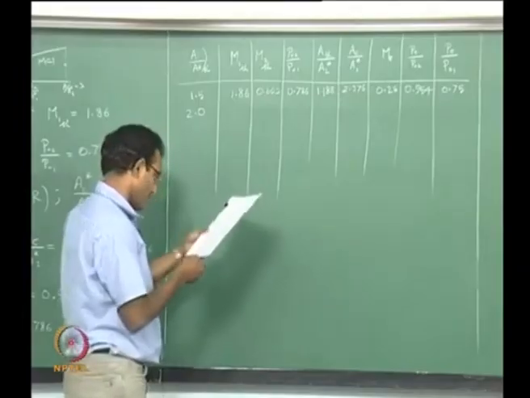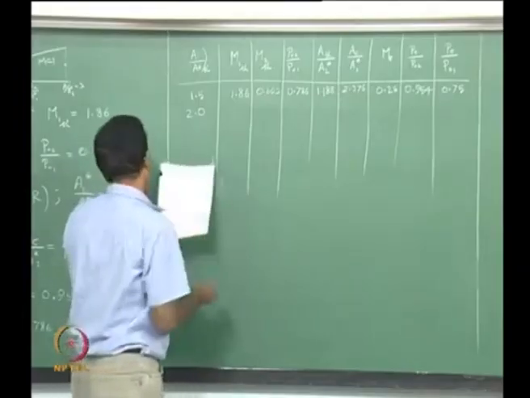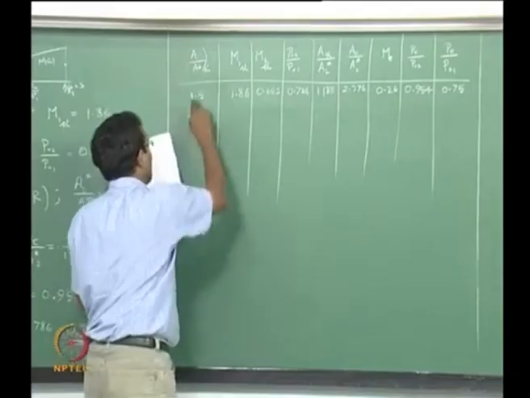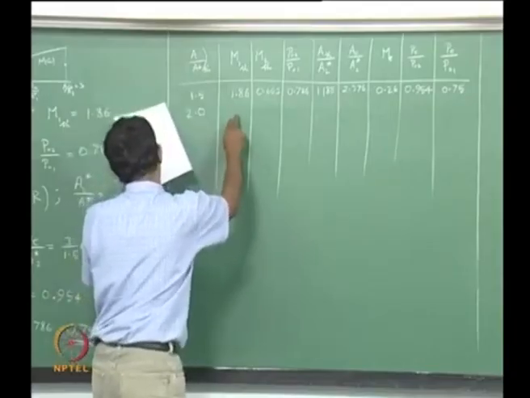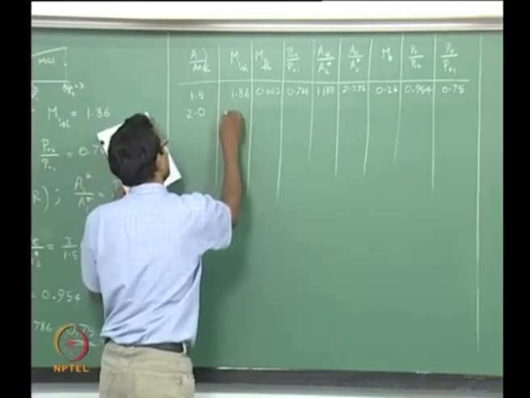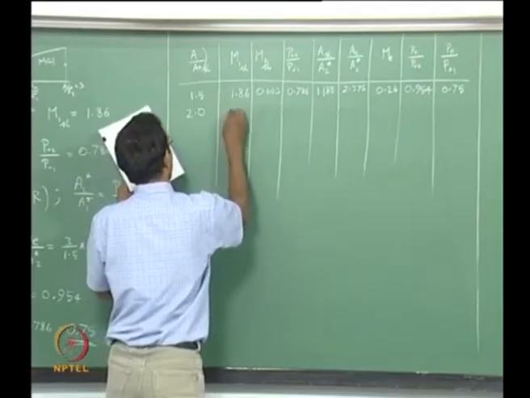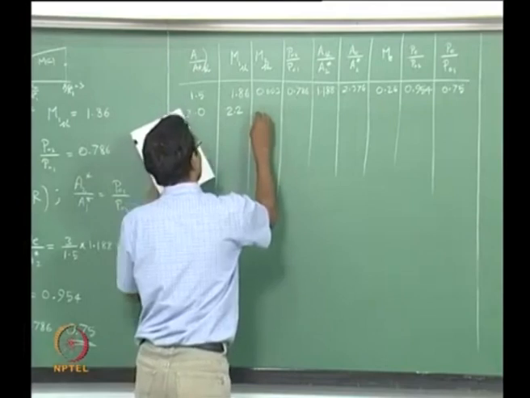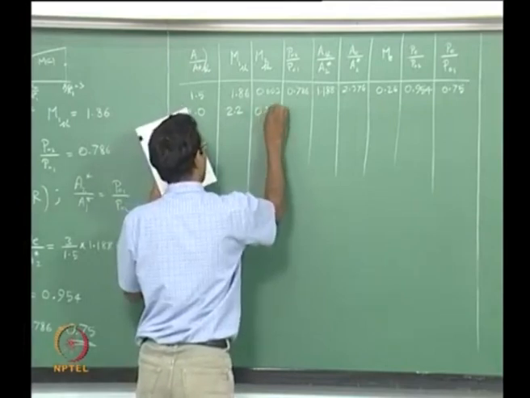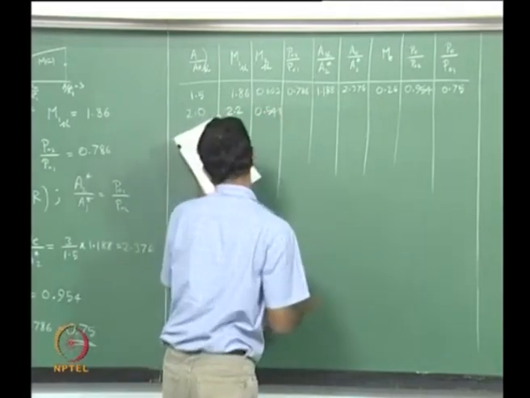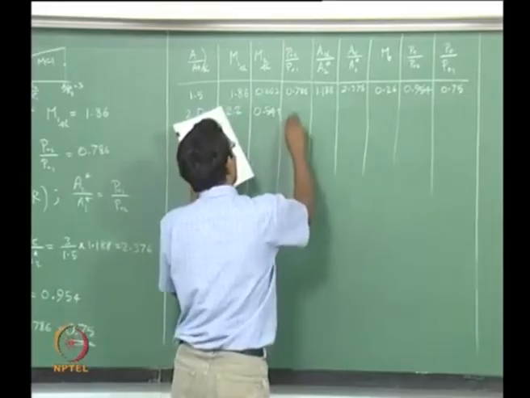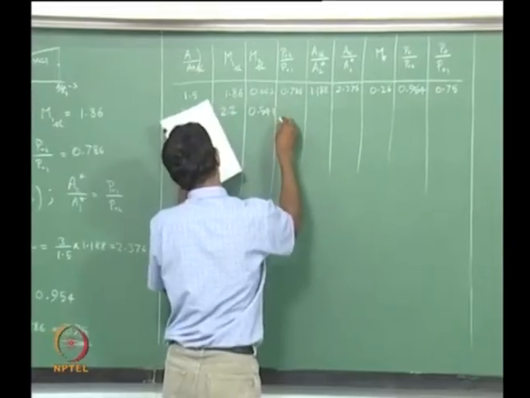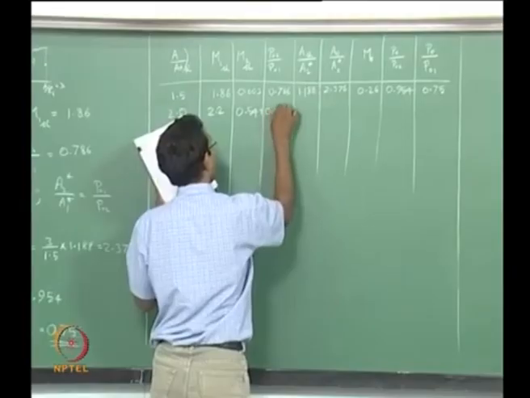If I guess an area ratio of 2.0, I am going to use A by A star of 2.0 and get a supersonic solution. That is going to be a Mach number of 2.2. Okay, and if I go to normal shock tables, that's going to give me 0.547. If I look at the same normal shock tables, I will get P02 by P01 of 0.628.